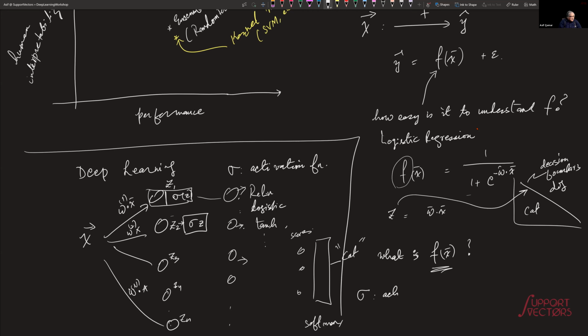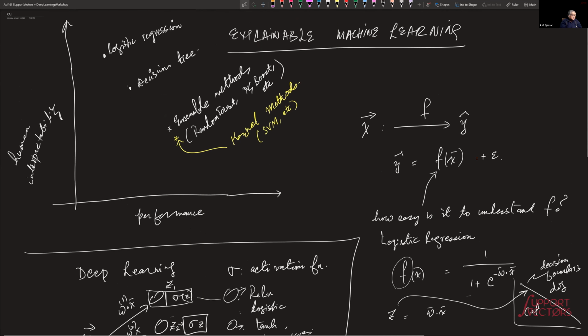So in other words, deep learning leads to highly nonlinear models. You can't explain it.